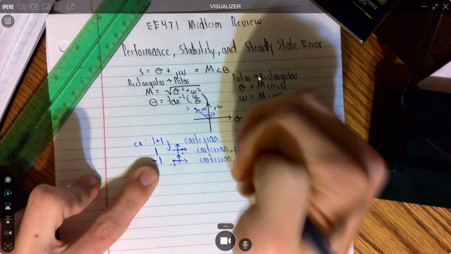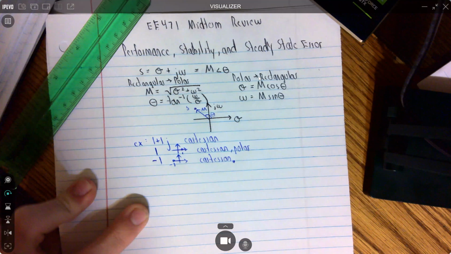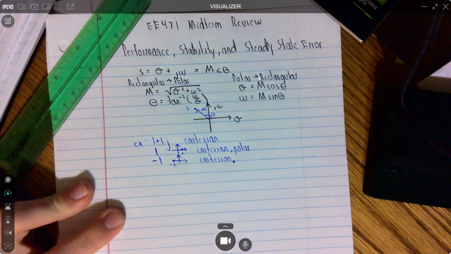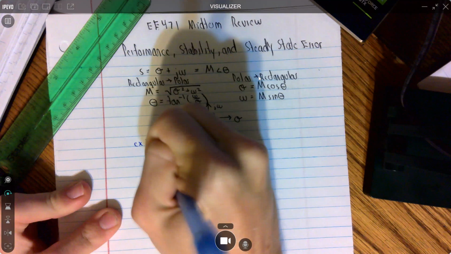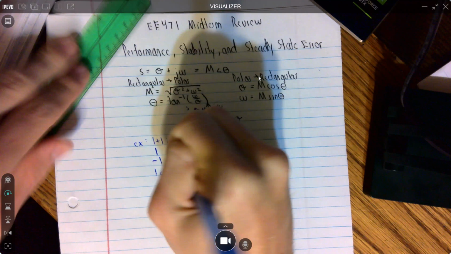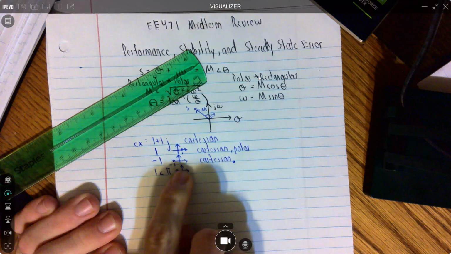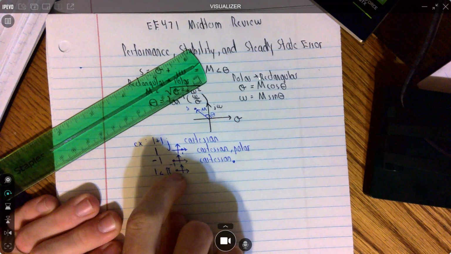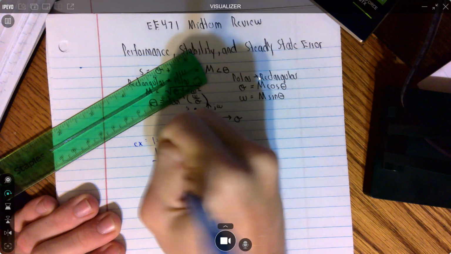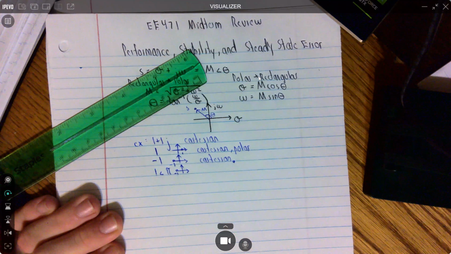So this is only Cartesian, not polar. Then the polar form, 1 angle of pi, is the exact same thing: an angle of pi from the real axis, 180 degrees, with a magnitude of 1 unit, so 1 unit to the left of the origin. This is not in Cartesian form because they gave us a phase angle.